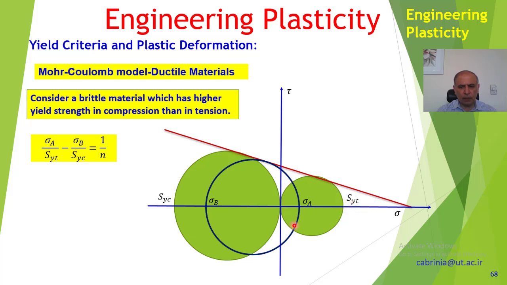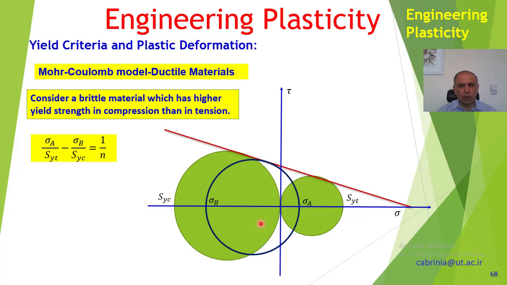Note that this circle and this circle are different cases of loadings. It's not like the in-plane and out-of-plane loading. This is just a uniaxial tensile test, and this is a uniaxial compression test. Okay, two different kinds of loading. They are not the same loading like this one or the other ones that I showed you.